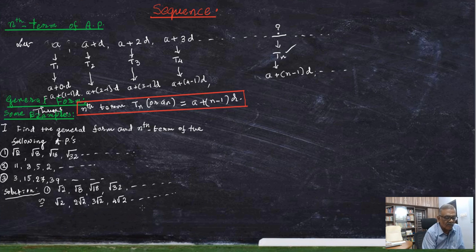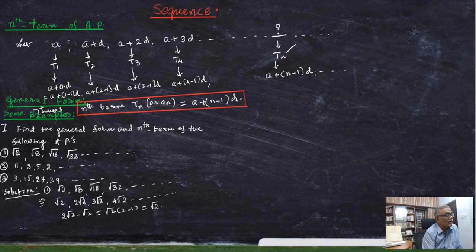This is the general form of the sequence, which forms an AP, because the common difference is 2 root 2 minus root 2, which is root 2 into (2 minus 1), that is root 2 only, and hence it is an AP. This is the general form of the sequence.